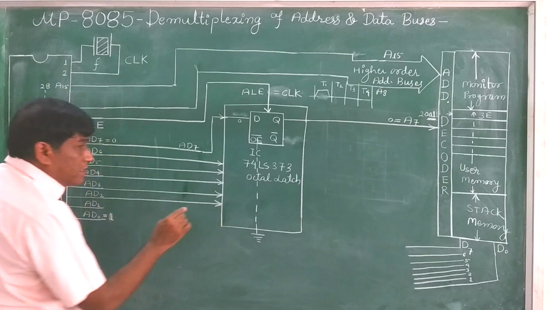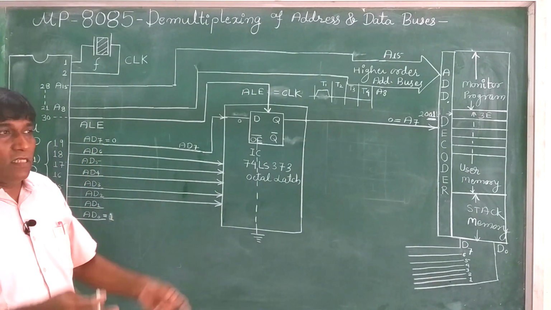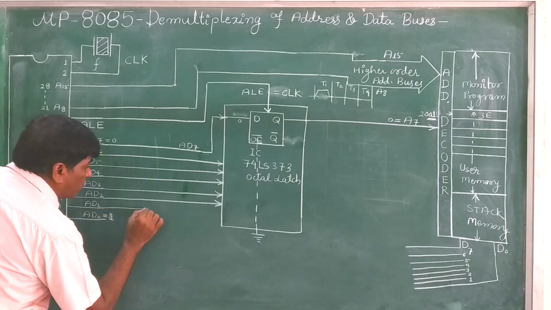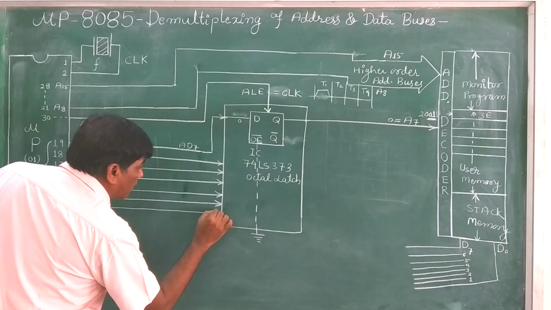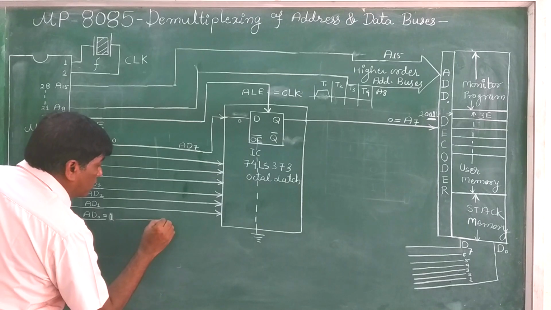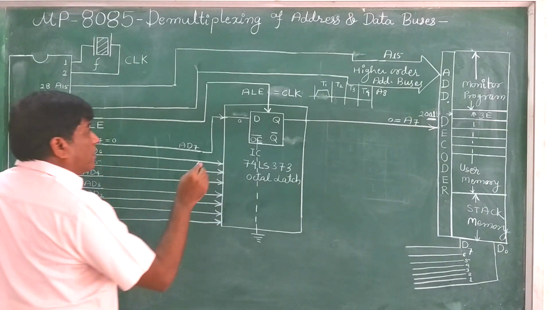In electronics, generally we see a bundle of wires, but if we understand the logic, things are very easy. Now see, in this way we can connect AD1 also, and AD0 also.